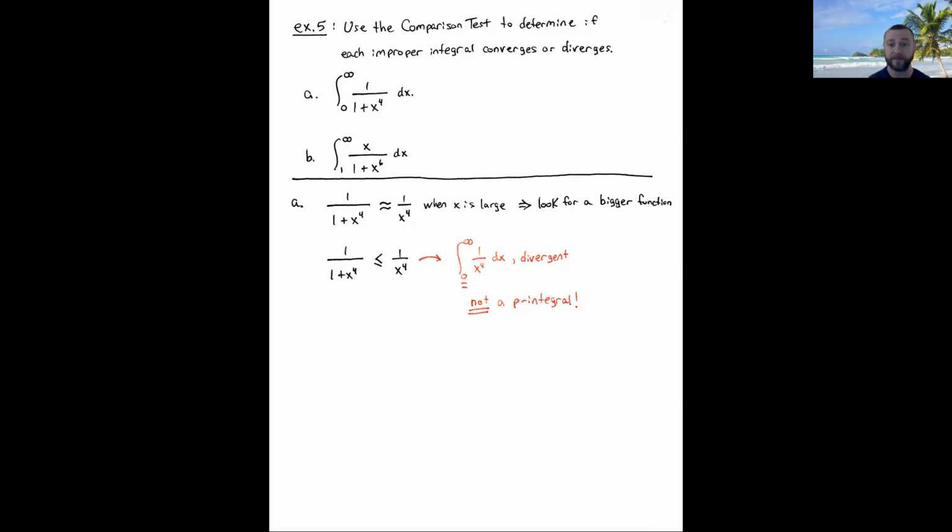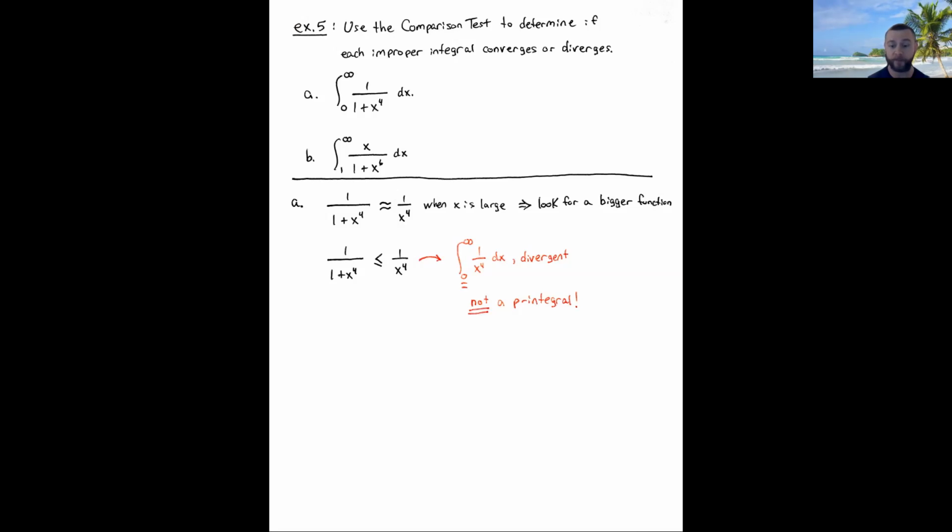If you were to plug that in, you get division by 0. This improper integral is of type 2. There's an infinite discontinuity, a vertical asymptote in that region of integration from 0 to infinity. Notice we have there 0, the lower limit, which is not 1. So this is not a p integral. So the comparison here kind of breaks down with the limits on the integral from 0 to infinity.